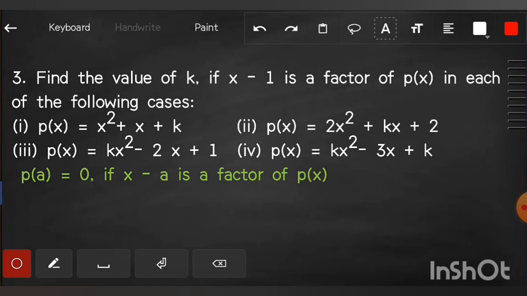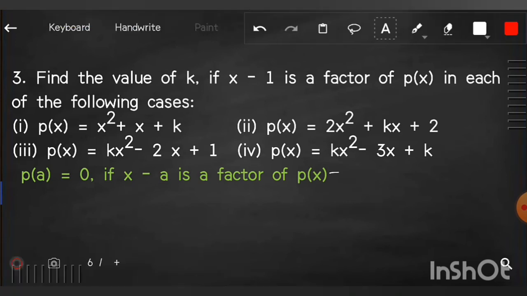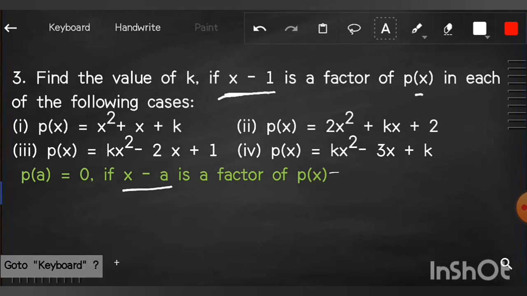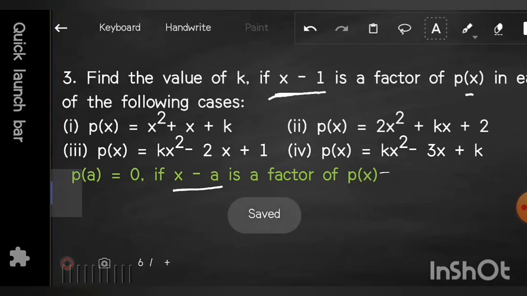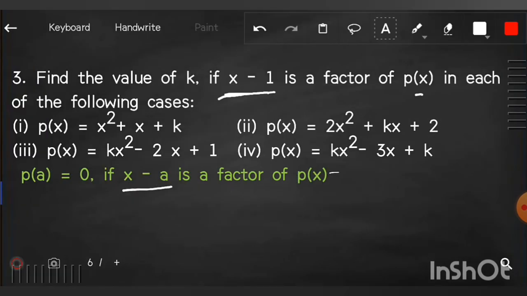So coming to the problem, here x minus a is nothing but x minus 1. If x minus a is a factor of p of x, here in the question, if x minus 1 is a factor of p of x, so what should be the condition? p of a equal to 0.